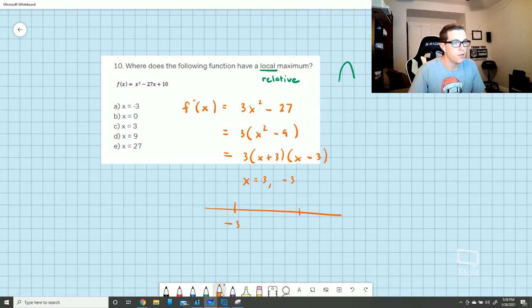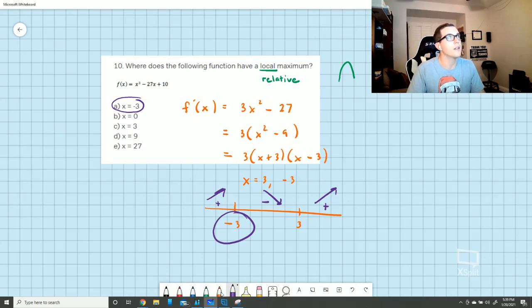Negative 3, 3. Let's test them. If I plug in a million, it's positive, increasing. If I plug in 0, that's negative, decreasing. If I plug in negative a million, I'm squaring that, so it's increasing. So where's the local max? Right there, negative 3.